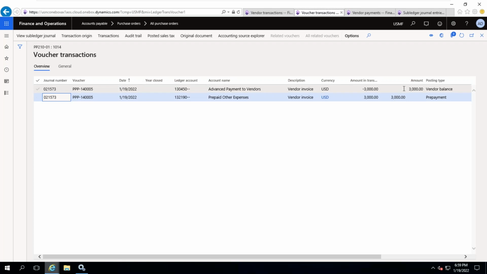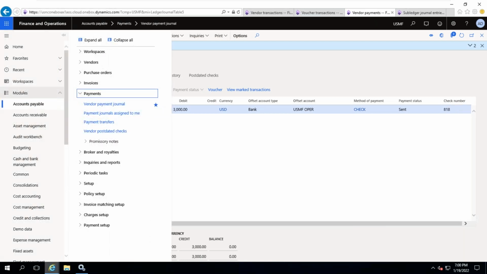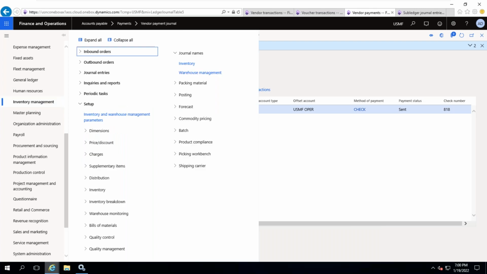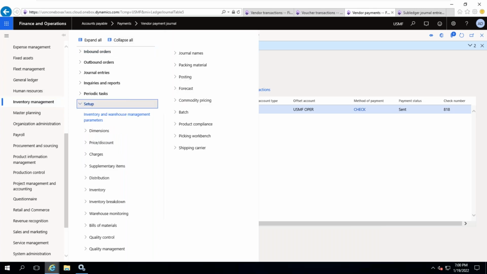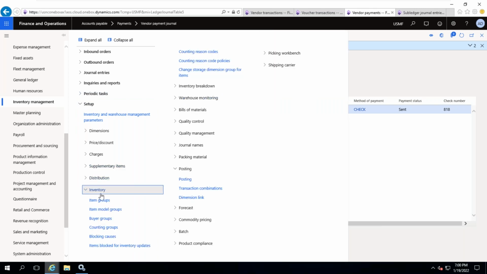So the vendor account will be credited at the time of the prepayment invoice and the prepayment account will be posted. So where is this prepayment? In the postings. We know where it is available: inventory management, setup, posting, or inventory item groups.